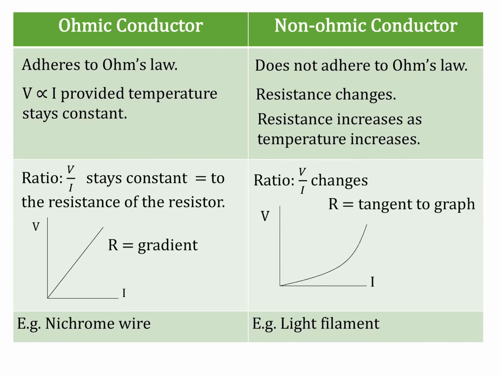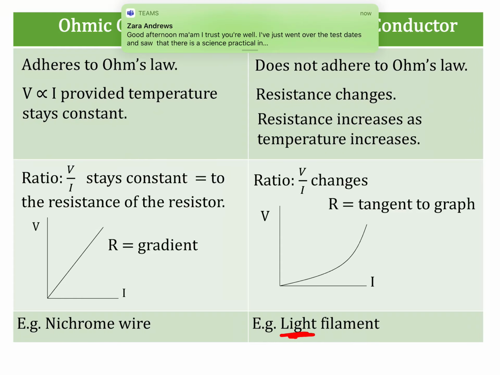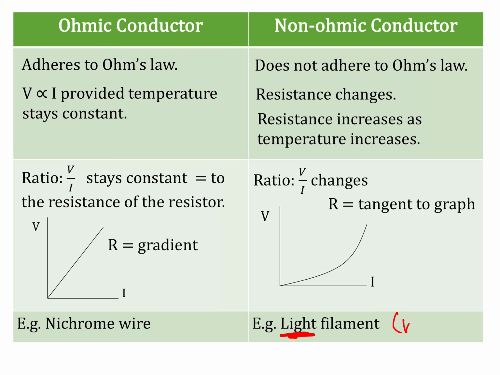Now the gradient is the tangent to the graph, and you can see the gradient's constantly changing, which means resistance is constantly changing. Things like the filament in the old filament light bulbs, in other words, tungsten. That's really, really important.